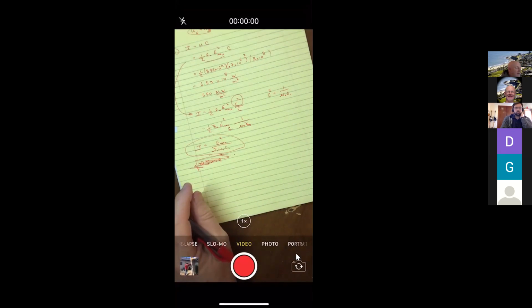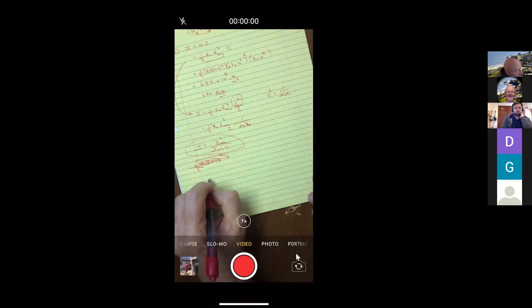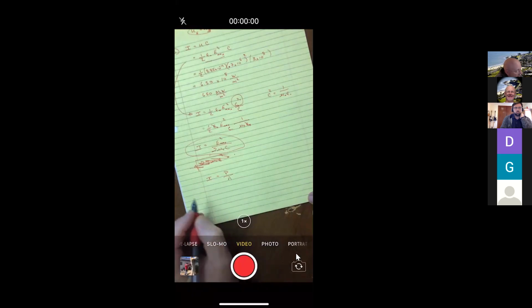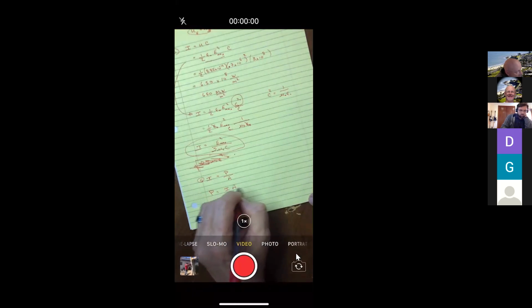And then I believe this one has a part C. Part C, so I did the intensity, then the power delivered. So the intensity is the power over the area, or for part C, I'll just say power is intensity times the area.